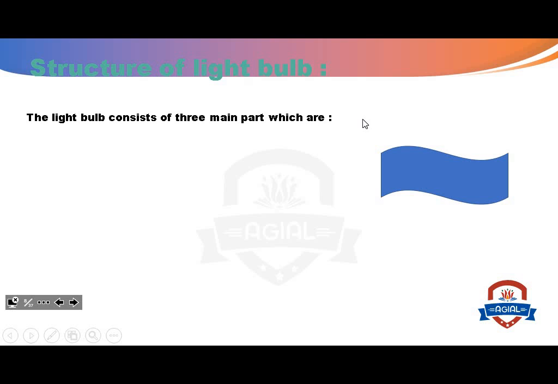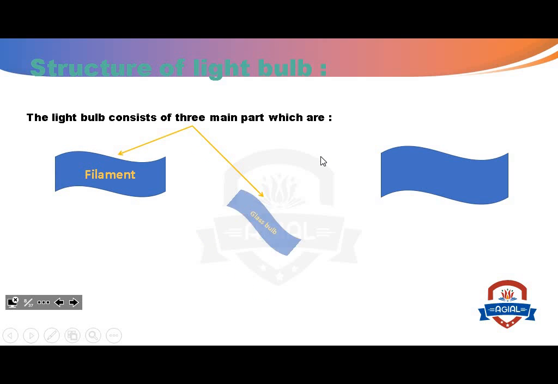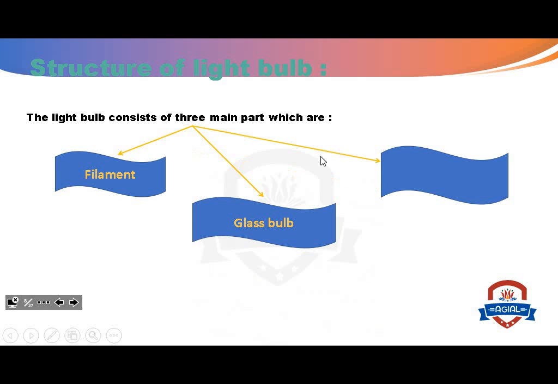The light bulb consists of three main parts, which are: first, filament; two, glass bulb; three, base of the light bulb. So again, what is the structure of light bulb? Number one, filament. Number two, glass bulb. Number three, the base of the light bulb.